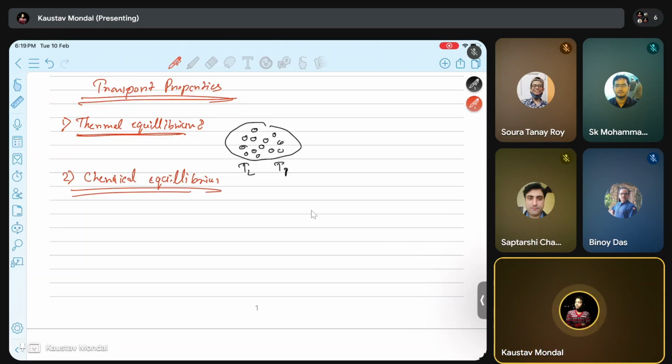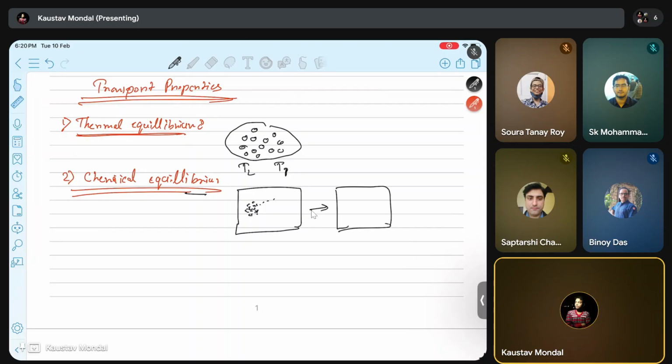For chemical equilibrium, suppose in a room you spray a deodorant. Initially the gas molecules will be dense in that particular area, and after a certain time you will see the gas molecules spread out throughout the whole room.